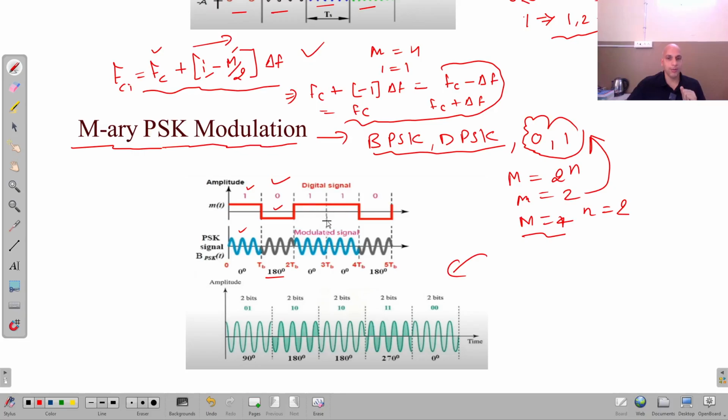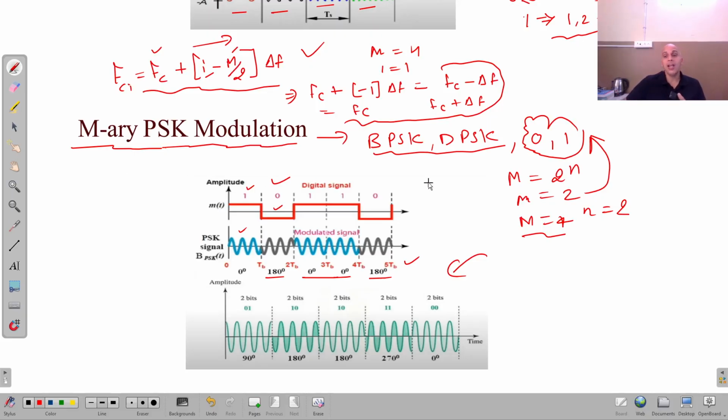But when we take 1, there is no change in the phase, it remains the same as it was. Then again, when it is 0, the phase is changed by 180 degrees. So two values of the phase angles, 0 and 180 degrees, were used. 0 corresponds to bit 1 and 180 degrees corresponds to bit 0.